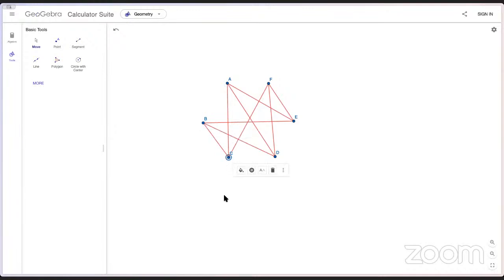So for example, if I fix B and C, well, A cannot be fought by both B and C because C has already fought with A. D cannot be fought by both B and C because D has already fought with B, and so on and so forth. So you're going to run into trouble.